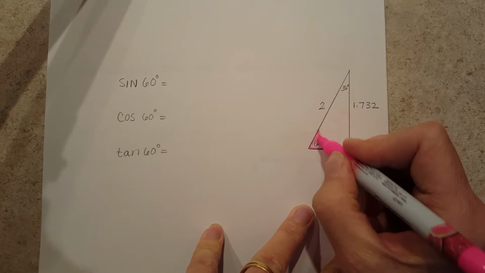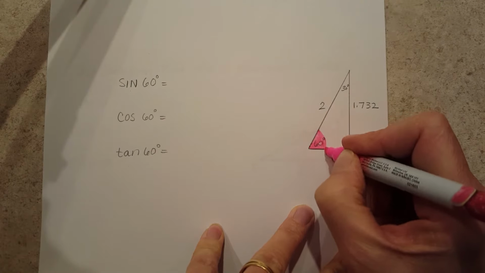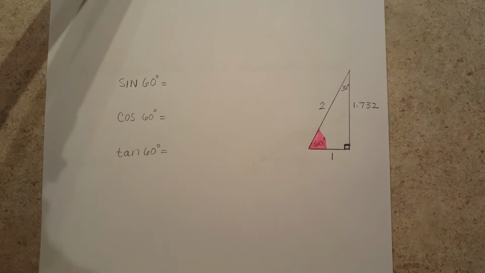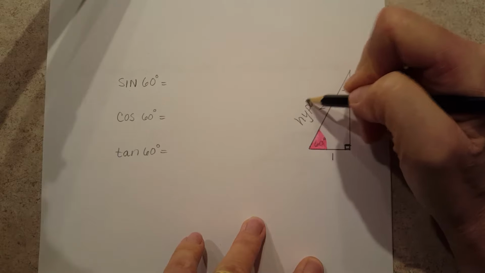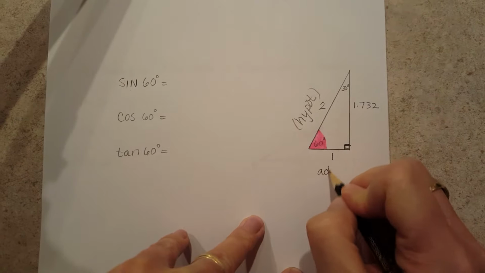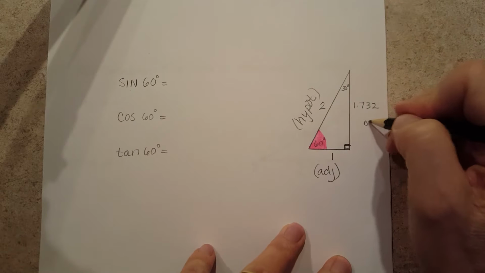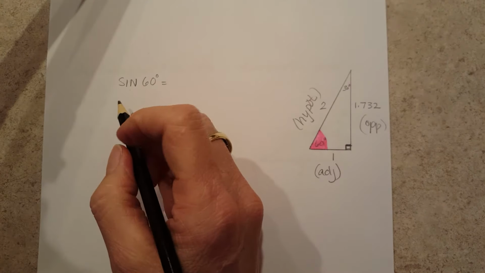And then let's see what sides are going to be what. The one across from the right angle is always our hypotenuse and always our longest side. Here's our angle, so this will be adjacent, and this will be opposite. Writing those down helps you not make the mistakes that are easily made.